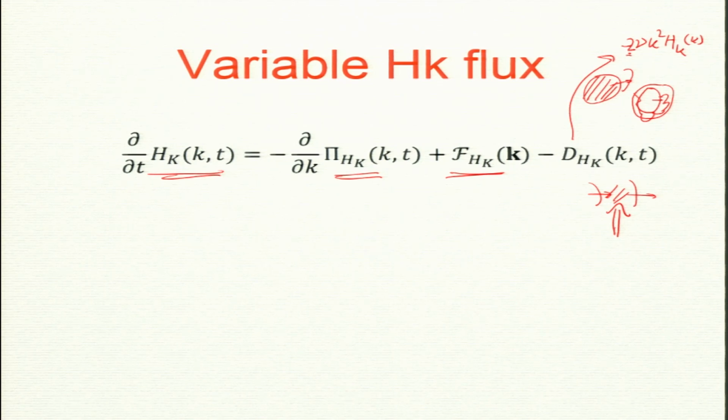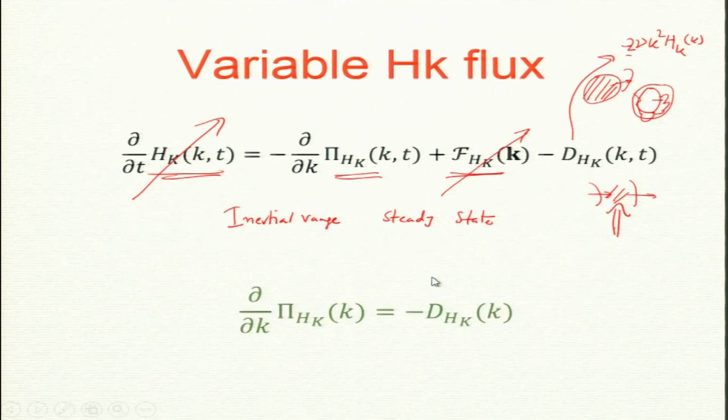Okay. Now, what if there is a steady state? For steady state, this one goes away. We assume inertial range. Inertial range means this goes away. So, for inertial range and steady state, I get basically terms which are only a function of k, not a function of time.